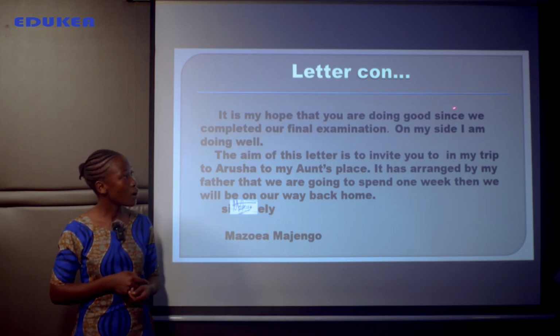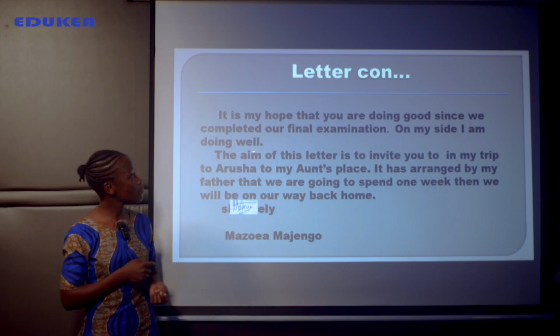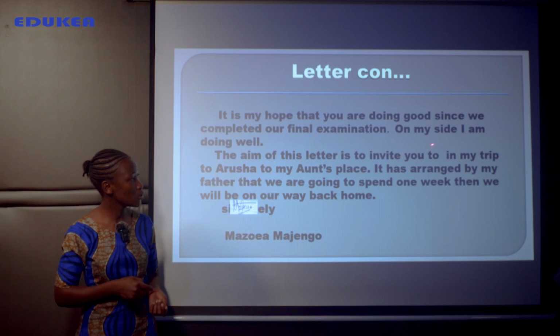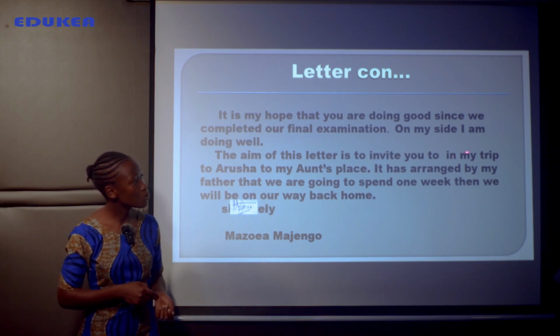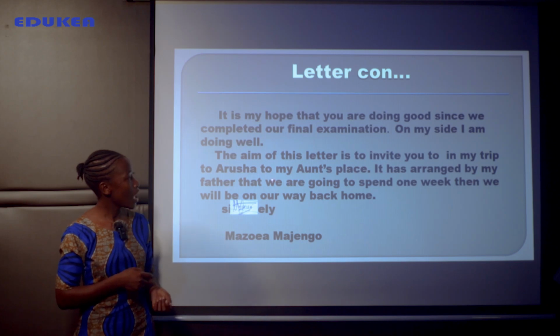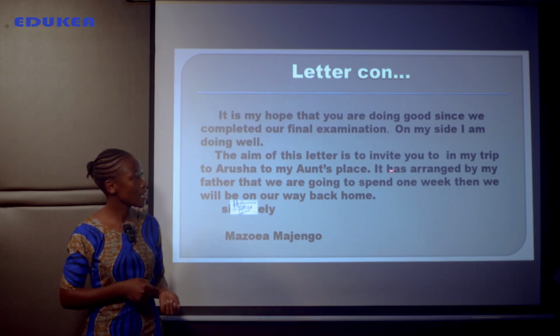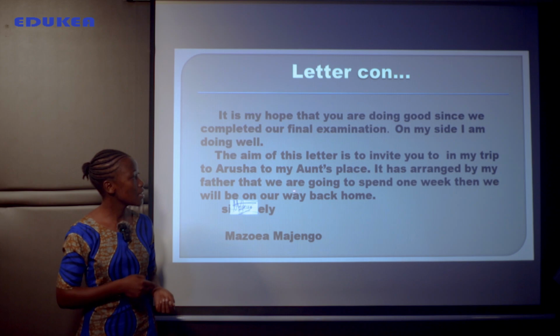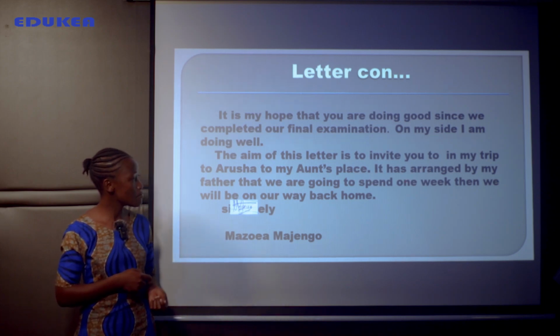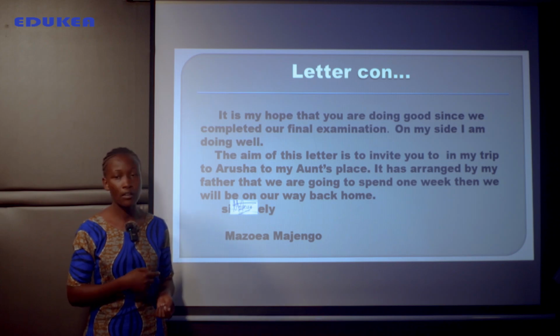On my side, I'm doing well. The aim of this letter is to invite you on my trip to Arusha to my auntie's place. It has been arranged by my father that we are going to spend 1 week, then we'll be on our way back home.